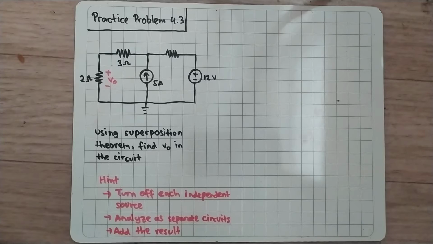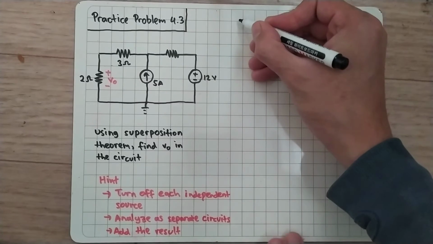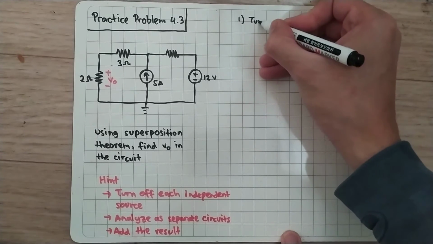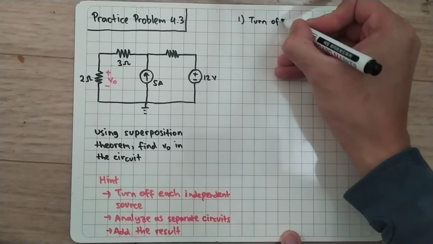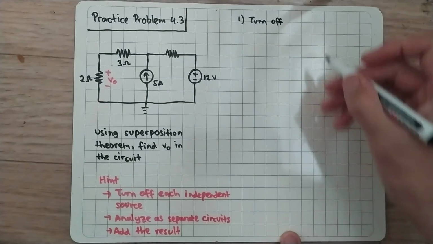Okay, first let's do the first step, which is turn off our first source. I want to turn off this current source first.